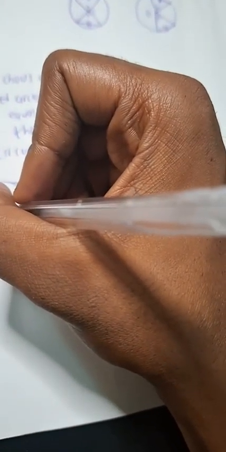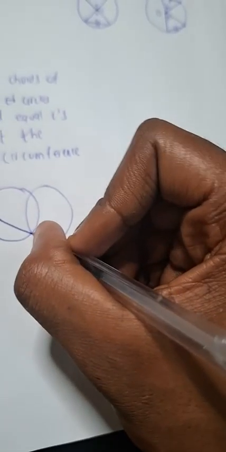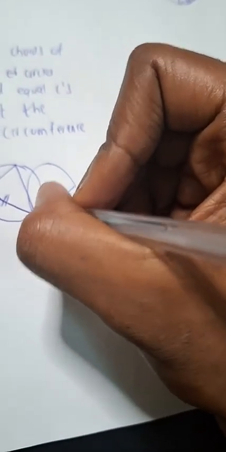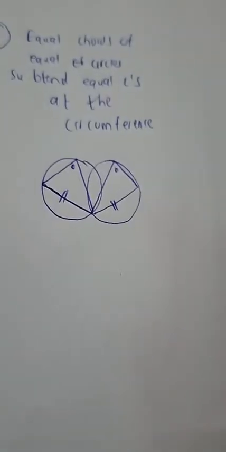If you have chords that are equal for those two respective circles that are the same, then they will subtend equal angles at the circumference.